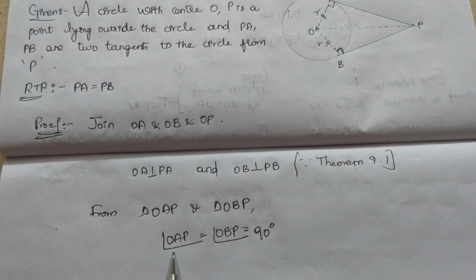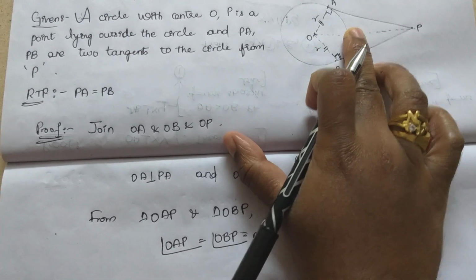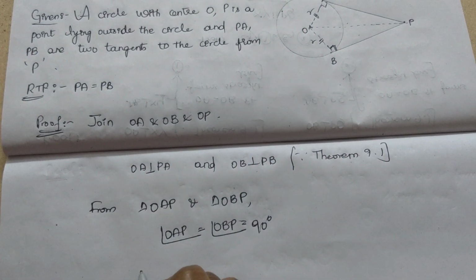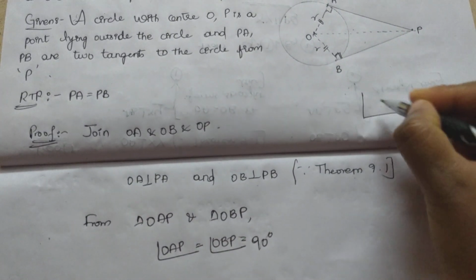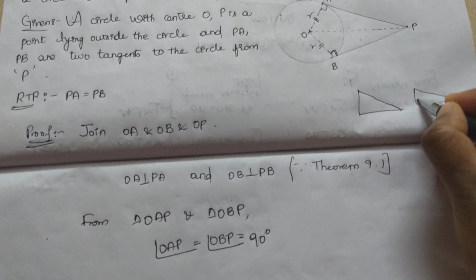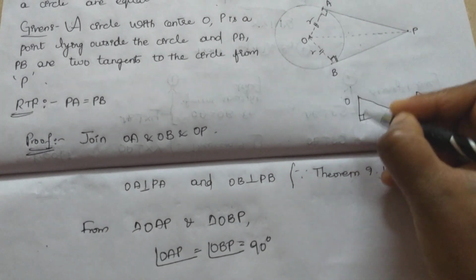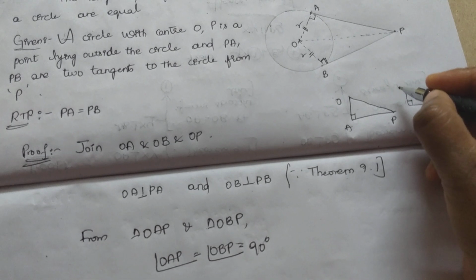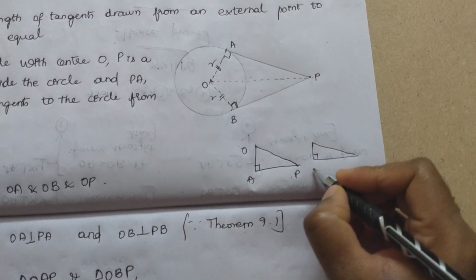So what can we do? If it's a right angle triangle, can we apply Pythagoras theorem? Yes, we can apply. So let's apply Pythagoras theorem for both the triangles.